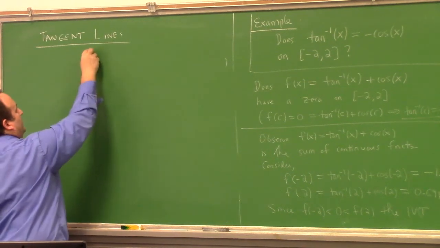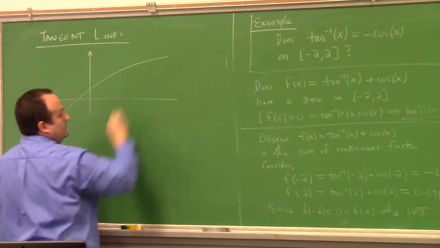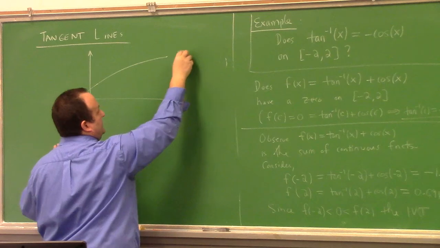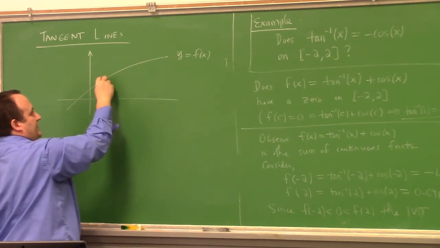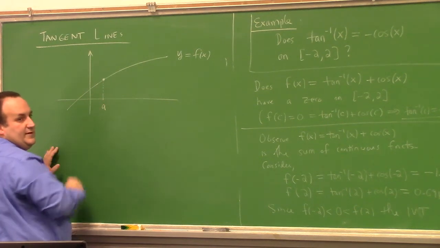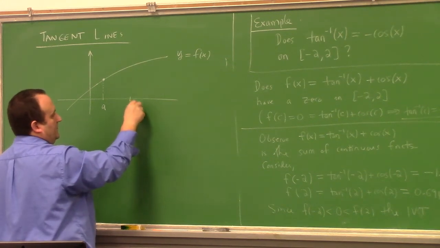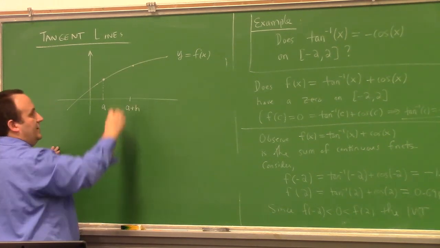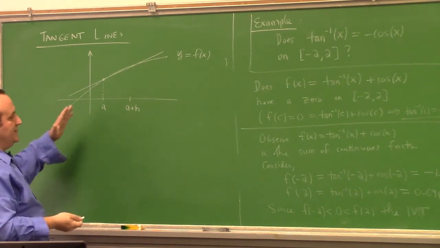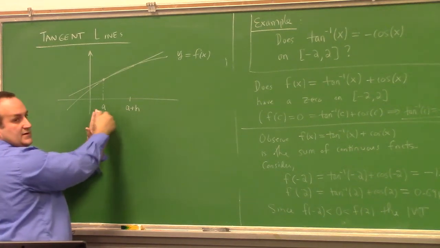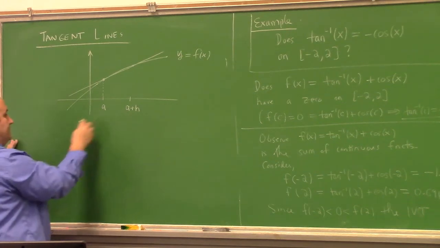So I won't go through all of that again, but if this is the graph of the function y equals f of x, and we want to describe the tangent line at a, we can look at, say, a plus h, and construct the secant line through there, and then think about the limit as h goes to 0 to get the tangent line.